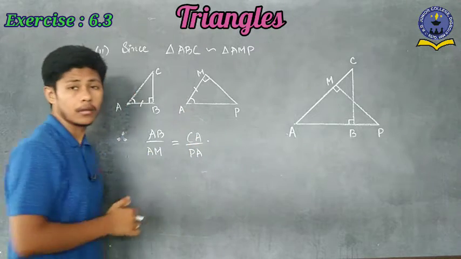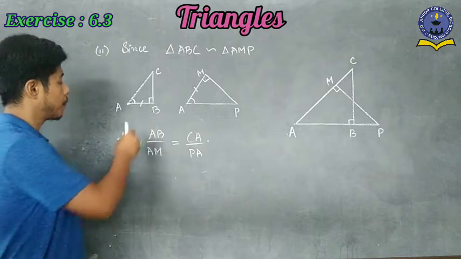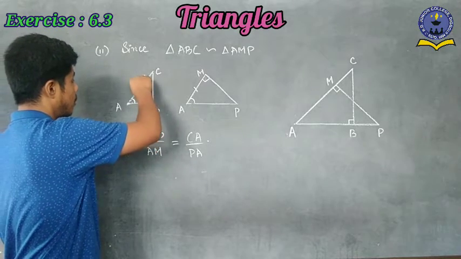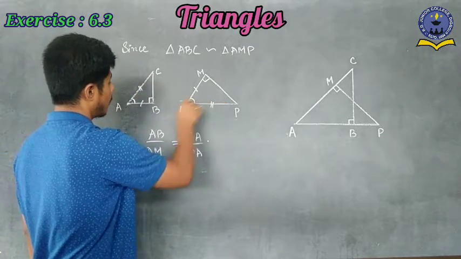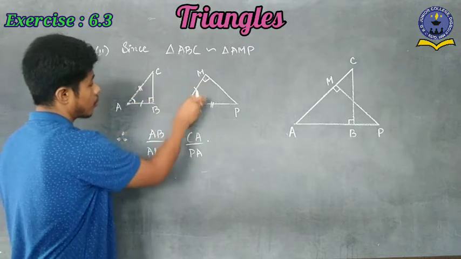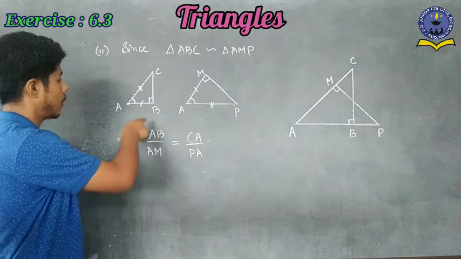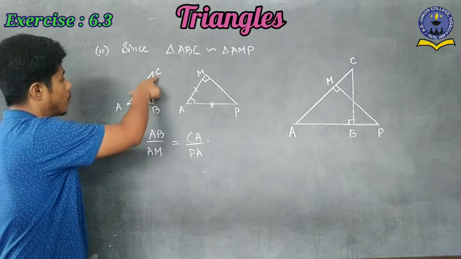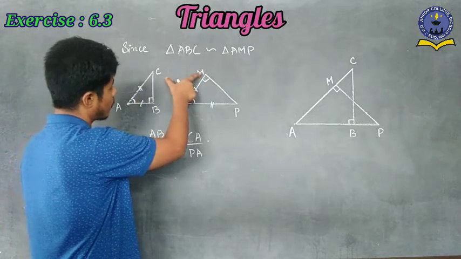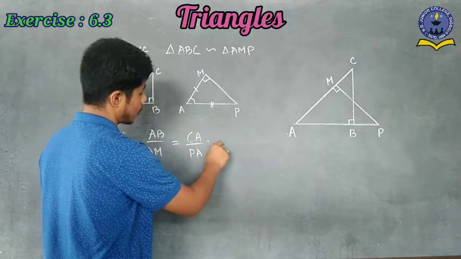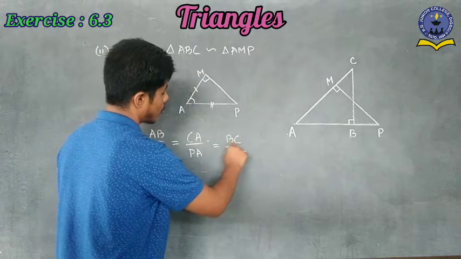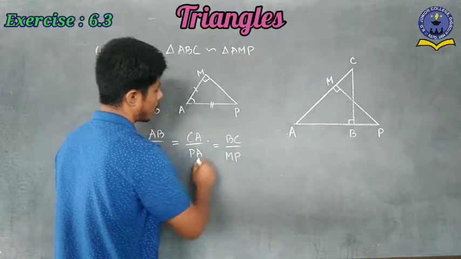You see this one, I think all of you understood this one. Which one? CA by PA, the opposite of 90. And the remaining side, which one remains finally? The third side remaining here is BC, and here MP. So this one is equal to BC by MP.